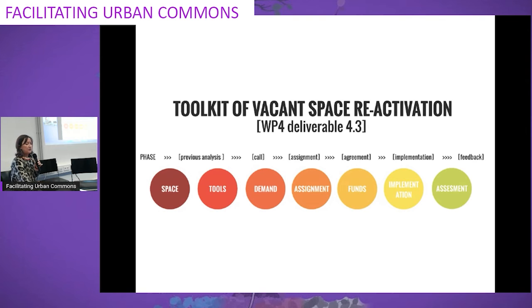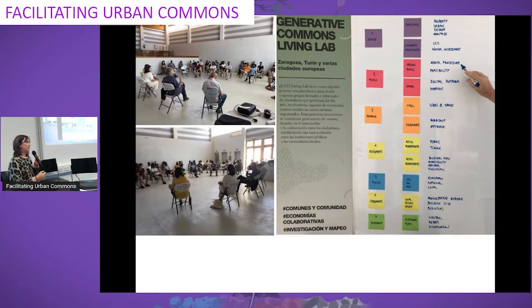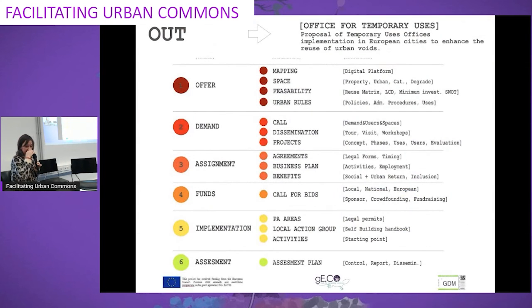So we have done many tests with local associations, through workshops. We have been involving administrators because they know all the local rules, and they were suggesting, okay, this is possible. So we were changing this methodology a couple of times, engaging local stakeholders. And this is the final one.